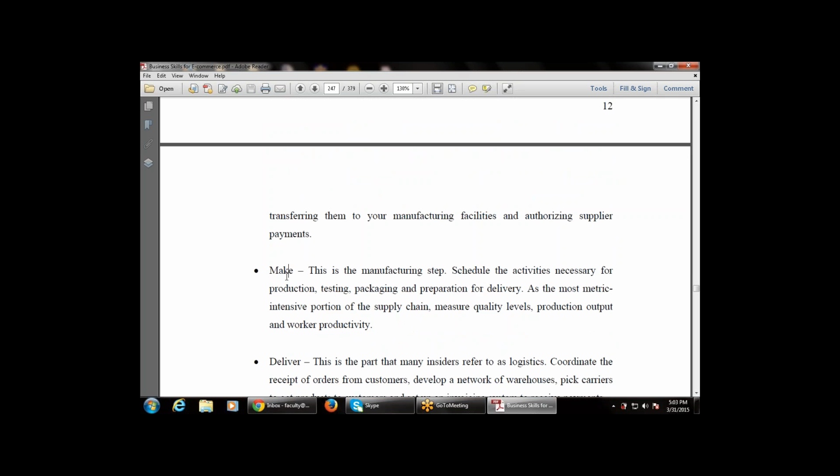Now next is make, that is a manufacturing step, that is making the product. Making means building the product. Schedule the activities necessary for production, testing, packaging, and preparation for delivery.